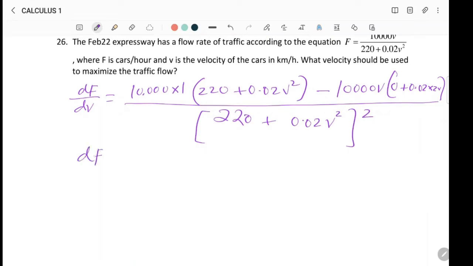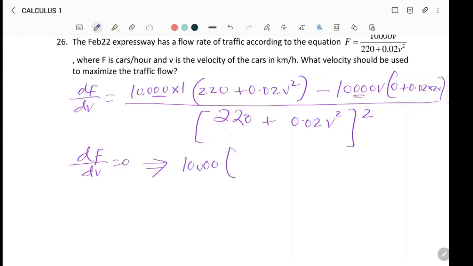And for max and min, df over dv should be 0, so we have to equate that to 0. So 10,000 times, can we take 10,000 common? That's better, right? Because 10,000 is here also.